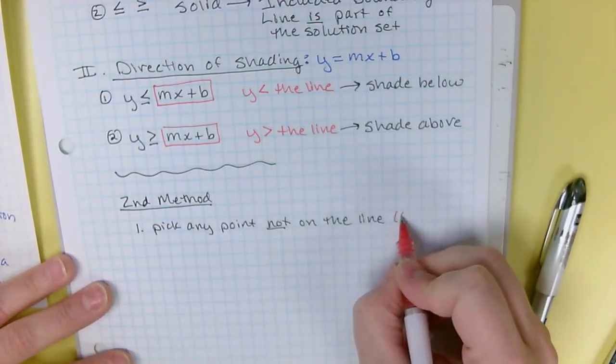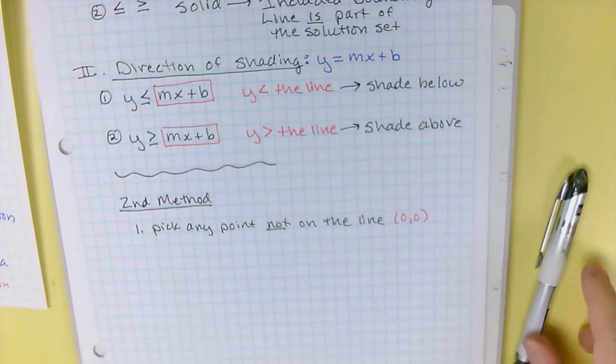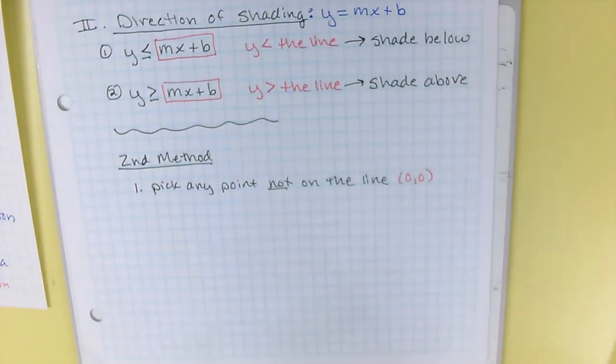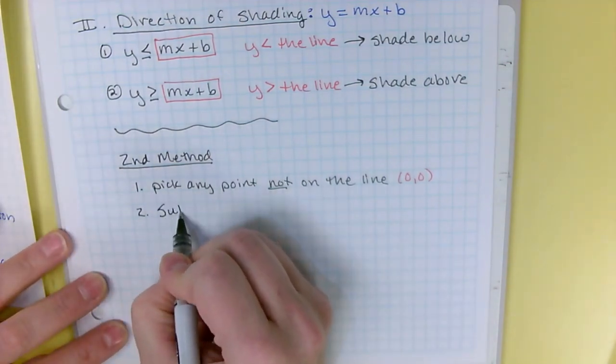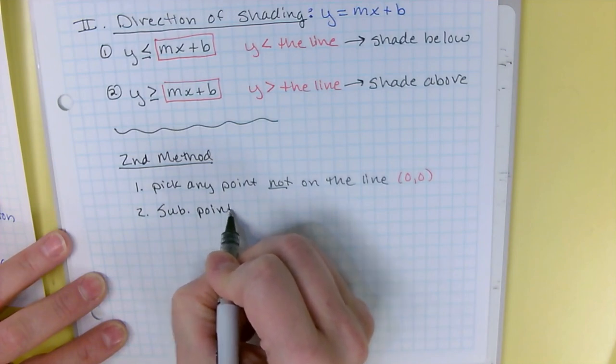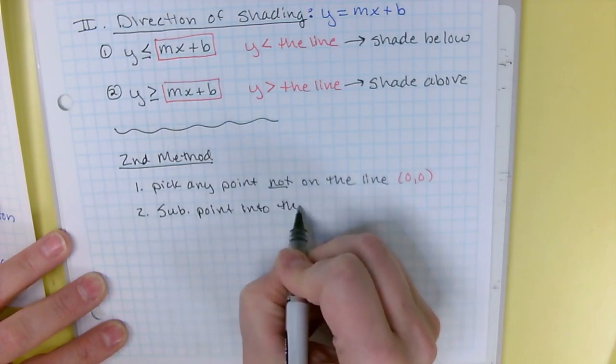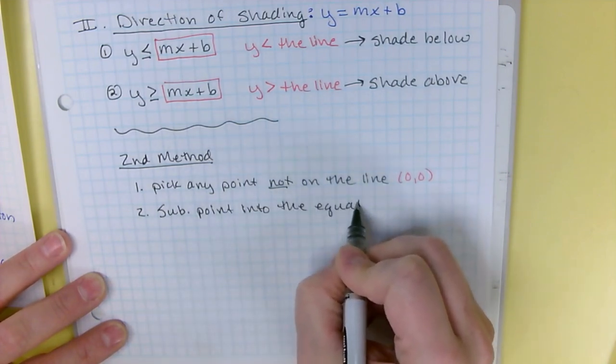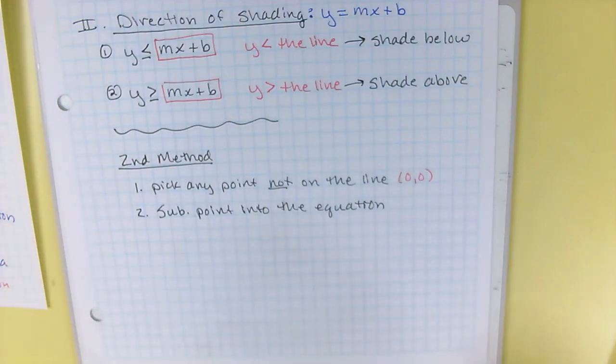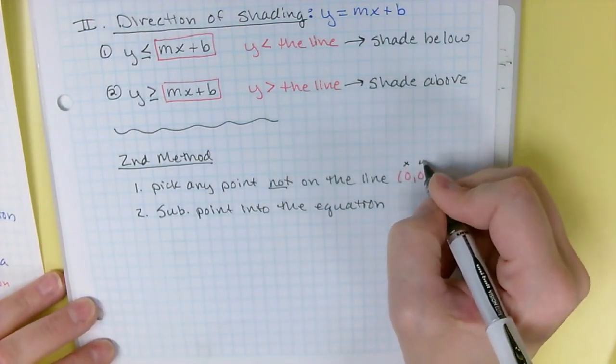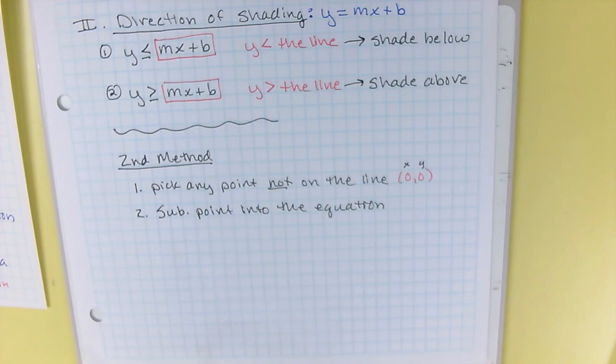I usually pick 0, 0 just because I'm lazy, but it can be any point that's not on the line. Step 2, substitute the point into the equation. So you're going to substitute in 0 for x and 0 for y into your equation.